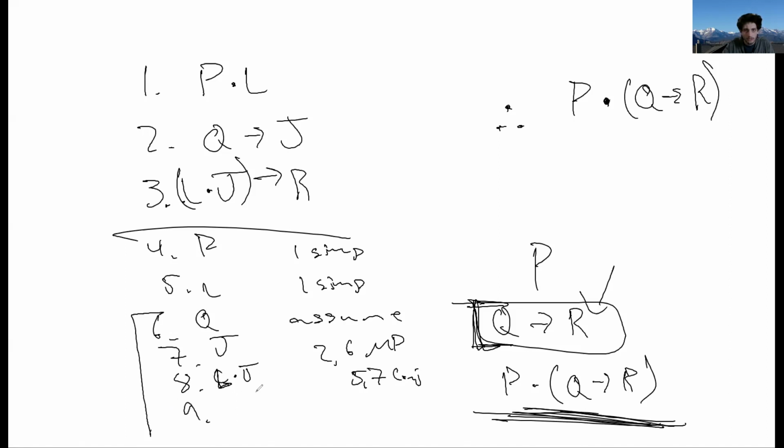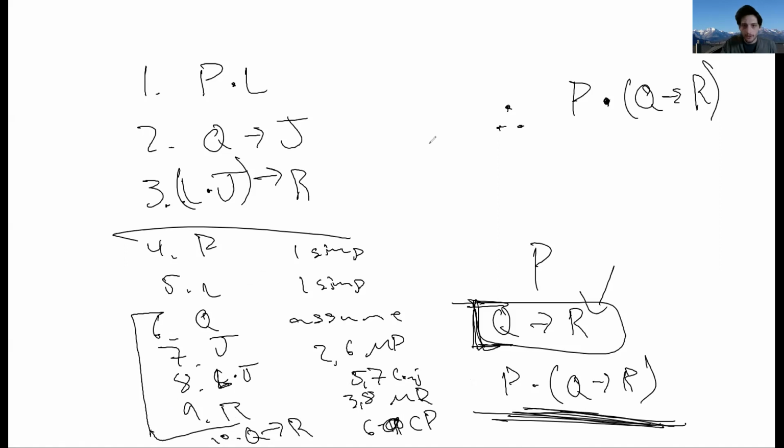So on 9, finally we can get ourselves to R, and that is going to be the last, because we were just trying to show that Q really leads to R. So line 9 is going to be justified just by 3 and 8 modus ponens. And Q implies R. We know this is true now on line 10 because, well, I told you a story that started on line 6. It went through line 9, and it was CP.